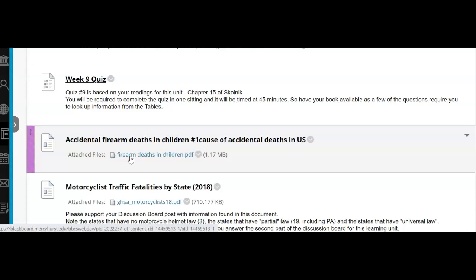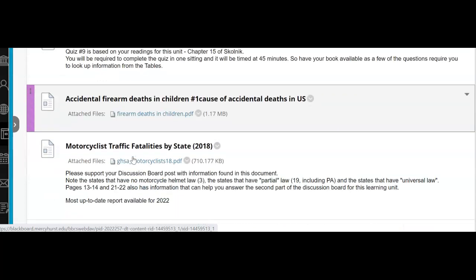Firearm deaths have gone up about 87%, whereas traffic injuries and traffic deaths in children have gone down about 50%. So please know this, data is always changing based in part upon law.